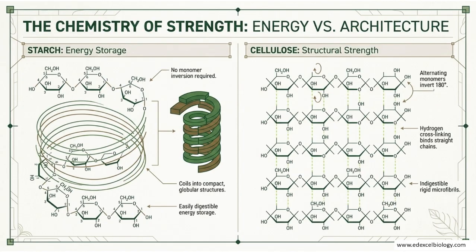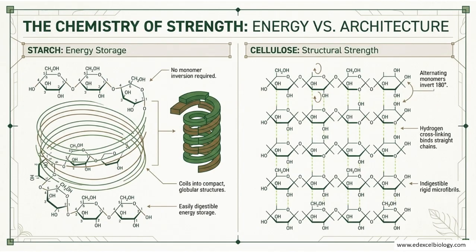Yeah, they form what chemists call 1-4 glycosidic bonds. When alpha-glucose links up to make starch, the molecules naturally curve, forming these compact coiling springs. Which is perfect for dense energy storage, right? Exactly. But because cellulose requires every second molecule to be inverted, those opposing forces cancel out any curving. So cellulose forms incredibly long, rigidly straight chains.